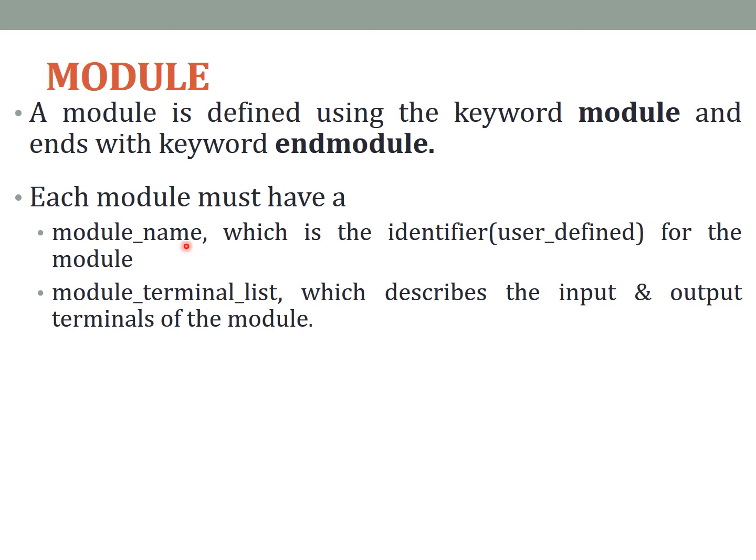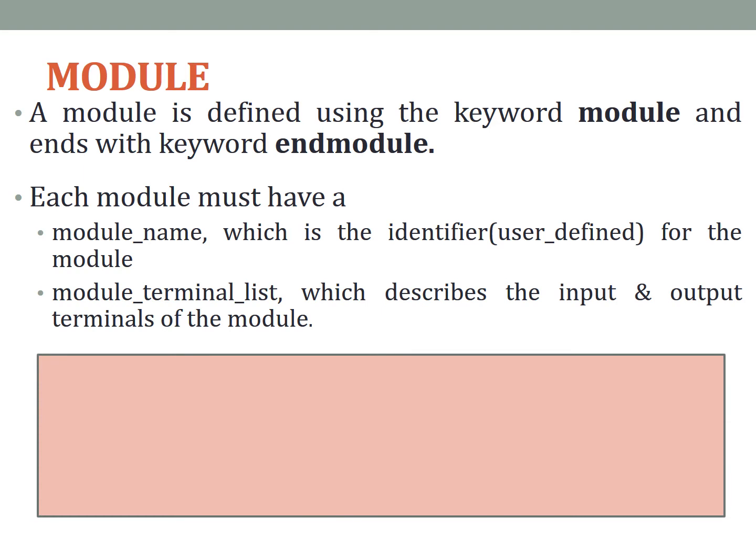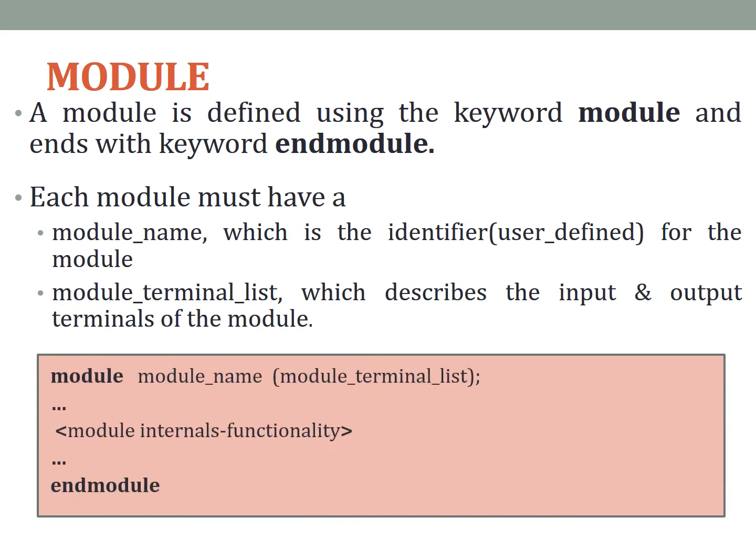These are the rules to write an identifier in Verilog. Other than the module name, the module terminal list is also important, which describes the list of input and output terminals of the given module. Now let us observe the syntax of writing a module. We write module followed by the module name, which is user defined, followed by the module terminal list, which is the list of the input and output variables in the given design, written within parentheses, and the first line of code must end with a semicolon.